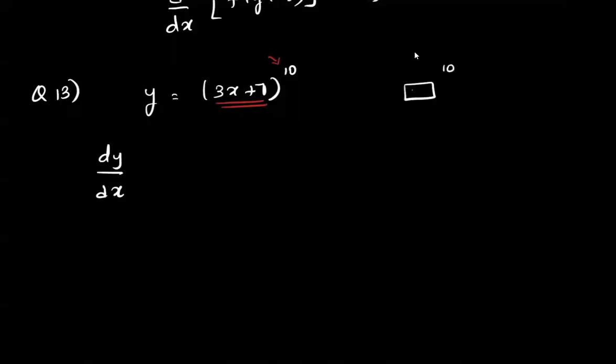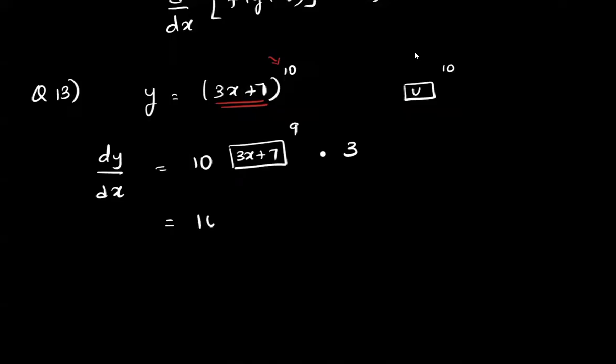So there is something raised to the power of 10. What is its derivative? It is nothing but 10 times that something to the power of 9. That something was 3x plus 7. And then you have to multiply that with the derivative of the inner function, which happens to be 3.